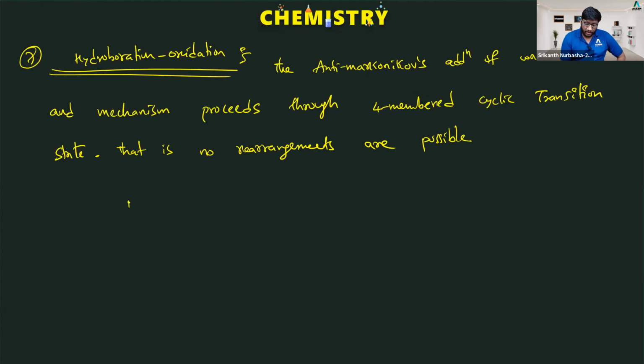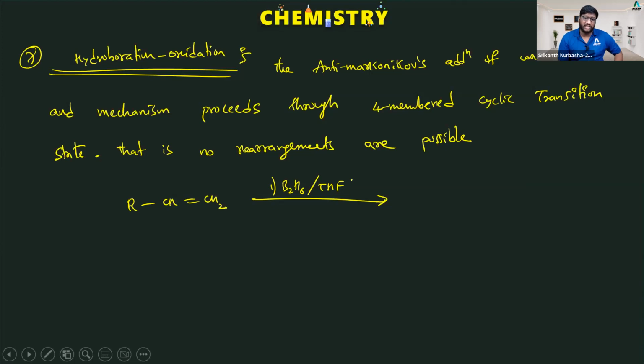So we have this type of reaction, for CH=CH2, we have to treat this with BH3 in the presence of THF, or you can say B2H6 in the presence of THF, because BH3 is unstable, as it is electron deficient. It forms a dimer, B2H6, diborane.